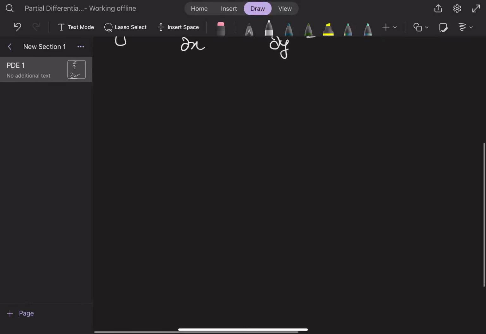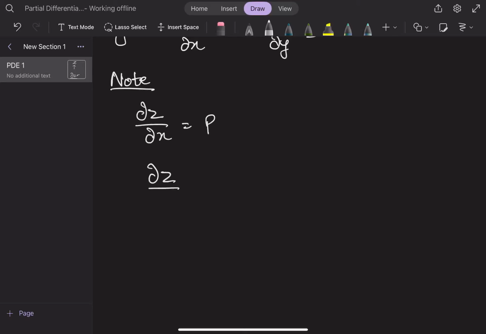So just note down the notations that we're going to use. Del z by del x is denoted by p. Del z by del y is denoted by q. Del 2z by del x2 is denoted by r.